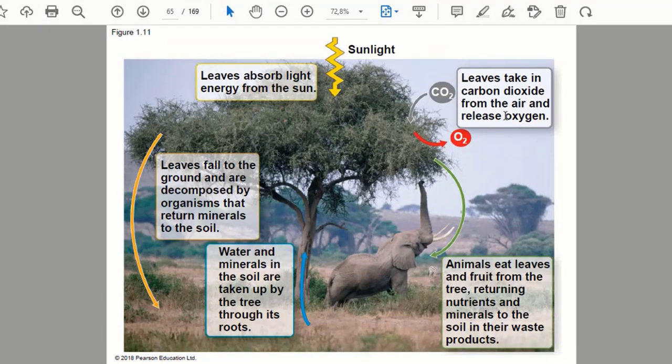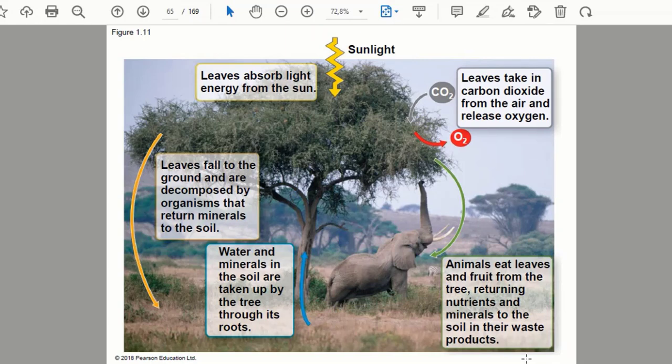Then this leaf, you can see here there is a cycle for carbon dioxide and oxygen, where leaves take in carbon dioxide from the air and release oxygen. And then the animals, this Mr. Elephant, will eat the leaves and fruit from that tree, returning the nutrients and minerals to the soil.